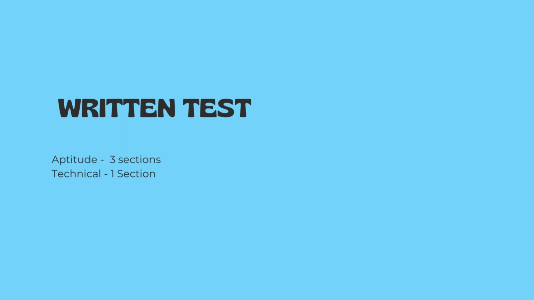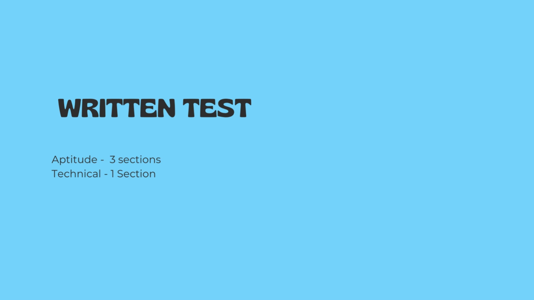In the written test, they have included aptitude and technical sections. In aptitude there were three sections: quantitative aptitude, logical reasoning, and a verbal section as well. The questions were basic, not too high and not too low, so with minimum basic knowledge we can clear this aptitude section.